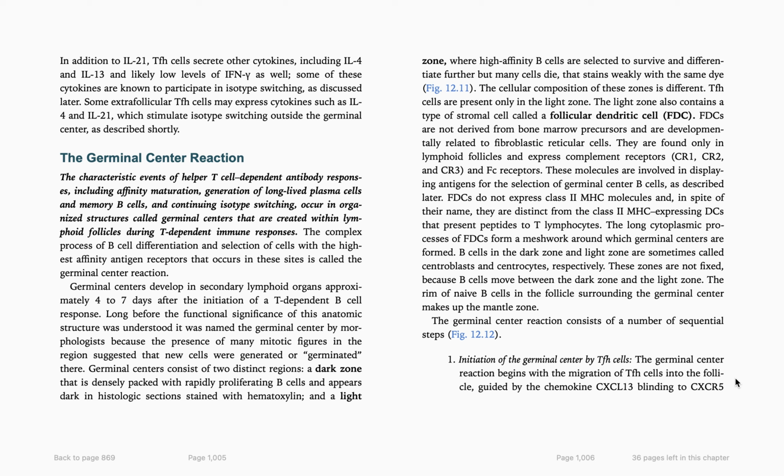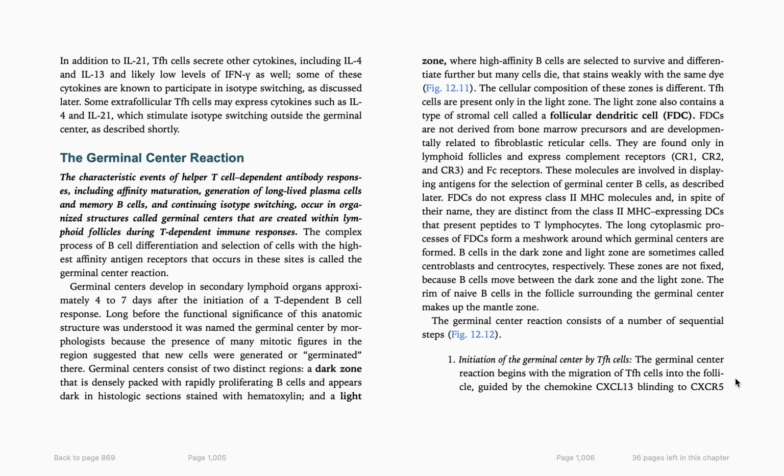Follicular dendritic cells do not express class II MHC molecules, and in spite of their name, they are distinct from the class II MHC-expressing dendritic cells that present peptides to T lymphocytes. The long cytoplasmic processes of follicular dendritic cells form a meshwork around which germinal centers are formed.